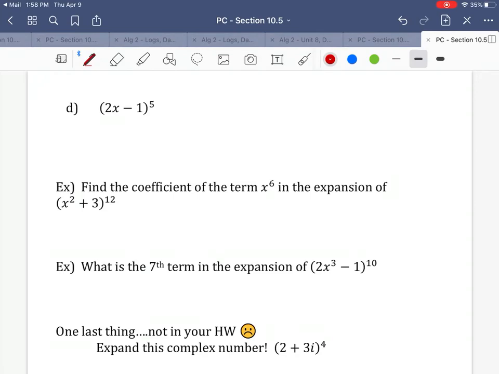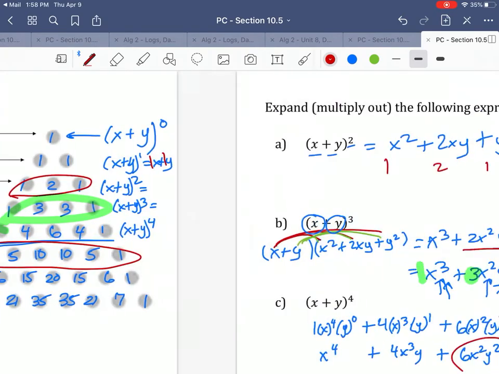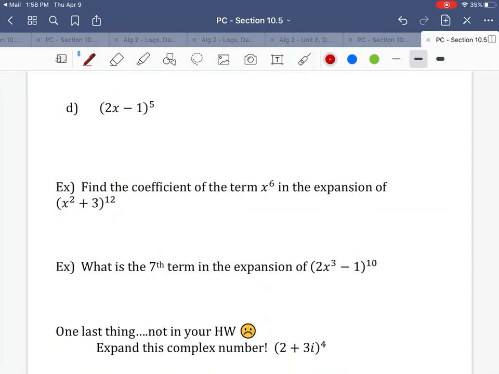All right, so 2x minus 1 to the fifth power. So my sixth row, I guess I would say, when I'm doing fifth power, I'll be using this right here. So I have 1, 5, 10, 10, 5, 1. So let me jot that down. 1, 5, 10, 10, 5, and 1.